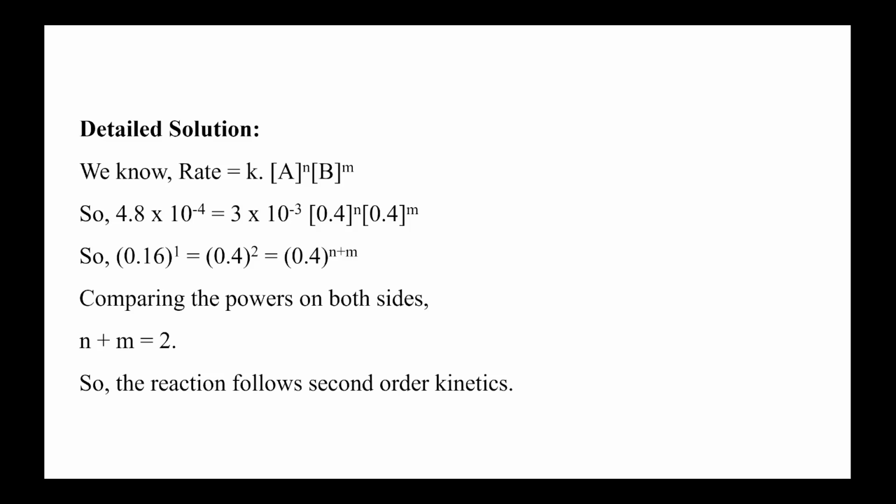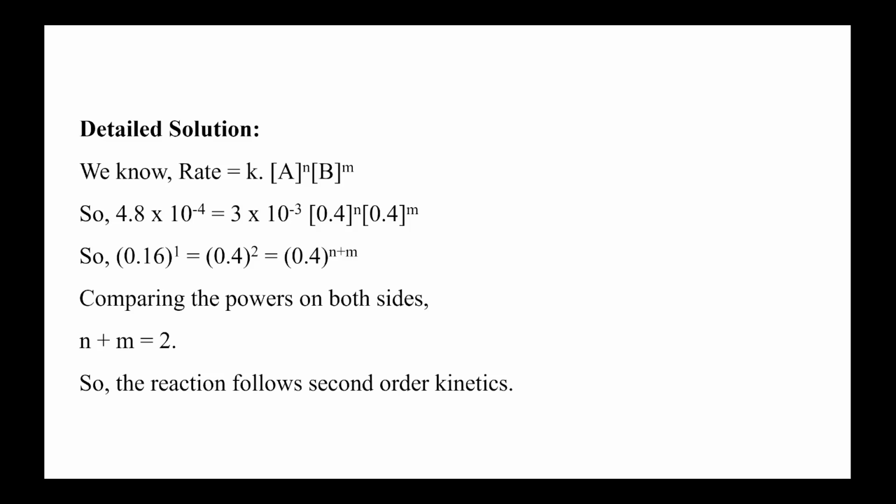So the rate is given as 4.8 into 10 raised to the power of minus 4. Rate constant is 3 into 10 raised to the power of minus 3. The concentrations of A and B are given equal, that is 0.4 molar. So 0.4 raised to the power of n multiplied by 0.4 raised to the power of m. So this we can write as 0.4 raised to the power of n plus m, right?